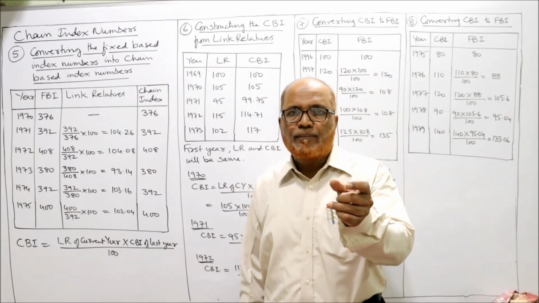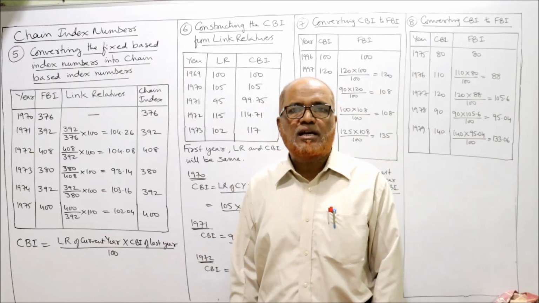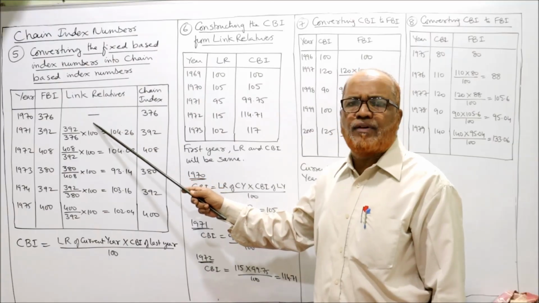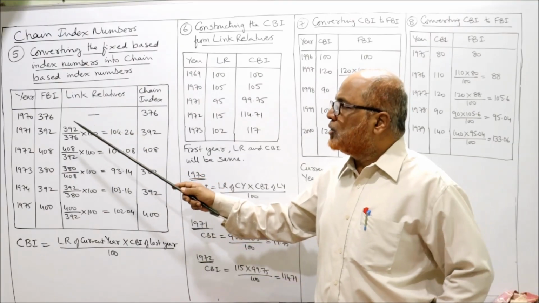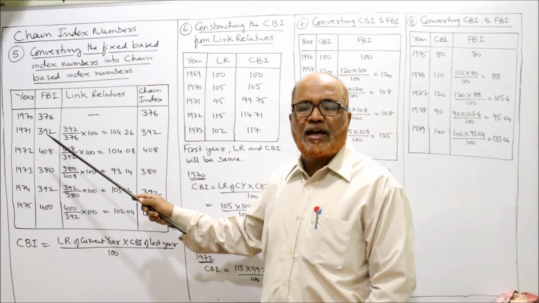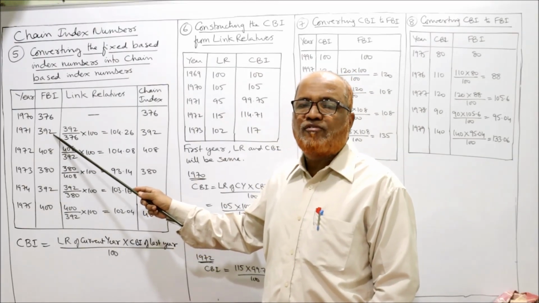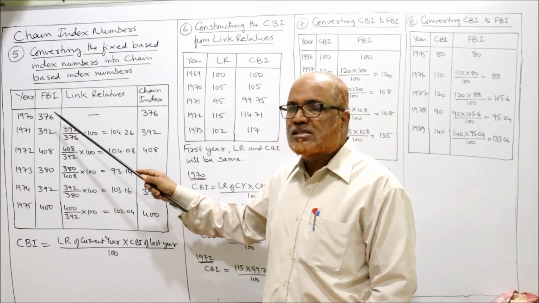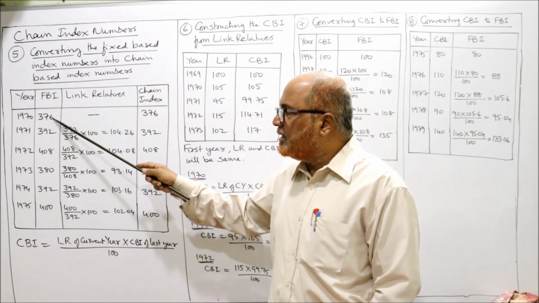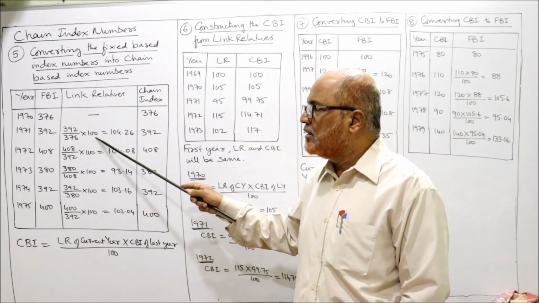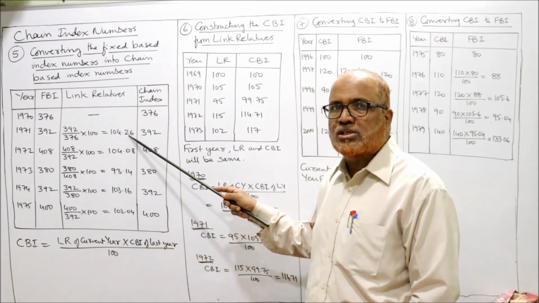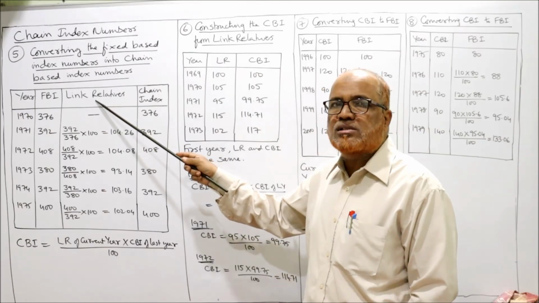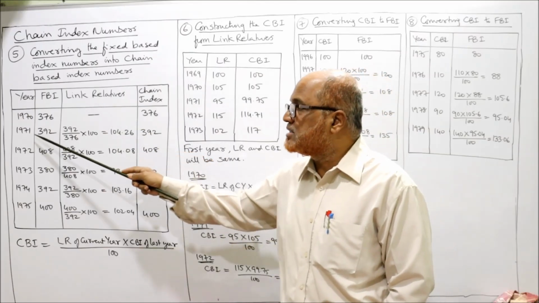For the first year we don't find any link relative; from the second year onwards we have to find it. For the second year, the FBI is 392 and the FBI of last year is 376. So 392 divided by 376 into 100 is 104.26. This 104.26 is the link relative of 1971.